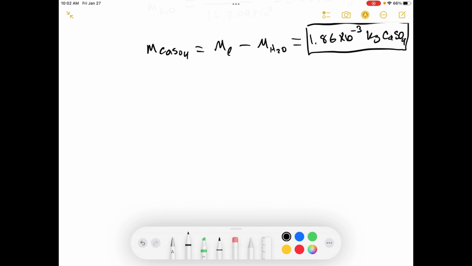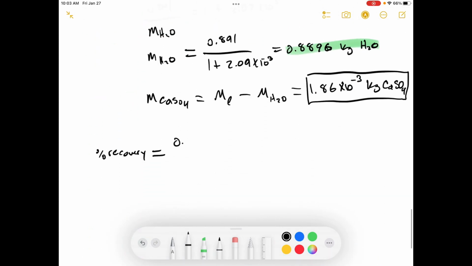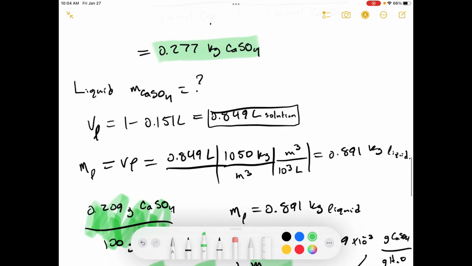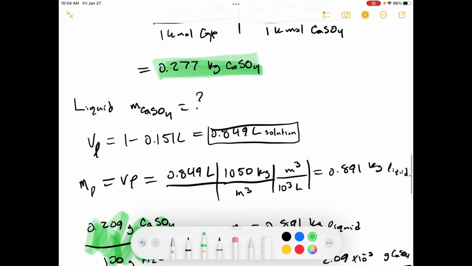Percentage recovery. Okay, so we're doing a percent recovery, and that equals 277. That's how much we recover as solid. Okay, how much came out of the crystallizer total? Well, it's the amount that's liquid, dissolved in the liquid, plus the amount here.